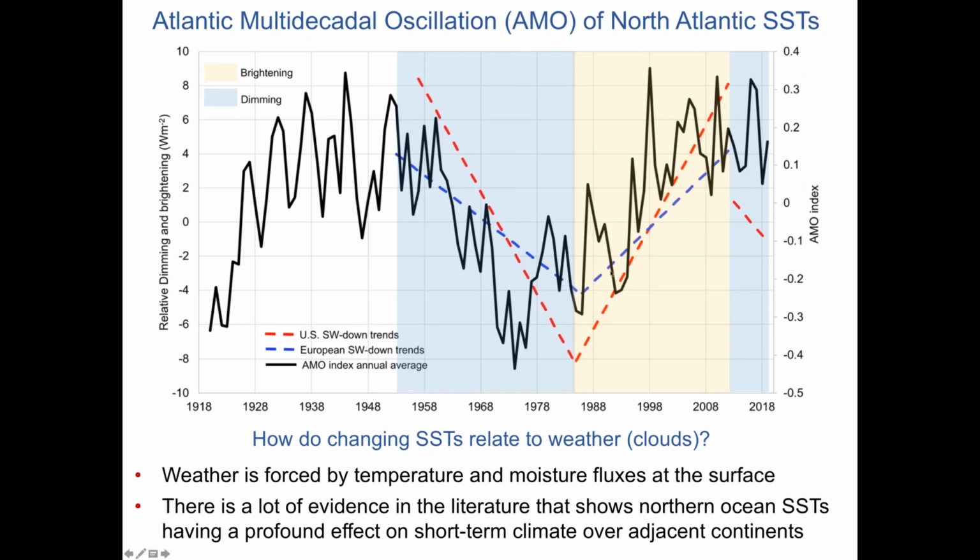Periods when the SSTs are warmer than average correlate to drought fairly well over the US at least. But there are plenty of other examples of how SSTs relate to continental weather.